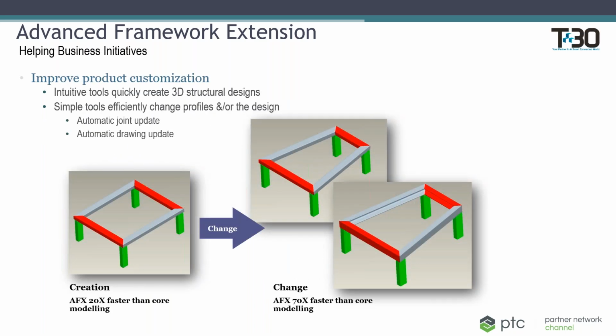You also have the ability to make modifications very quickly to the model if you have to add different beams, change the beams out, modify the styles, standards, all of this. Since it's all embedded within Creo, it's all in one location, which makes it very easy to make those modifications.